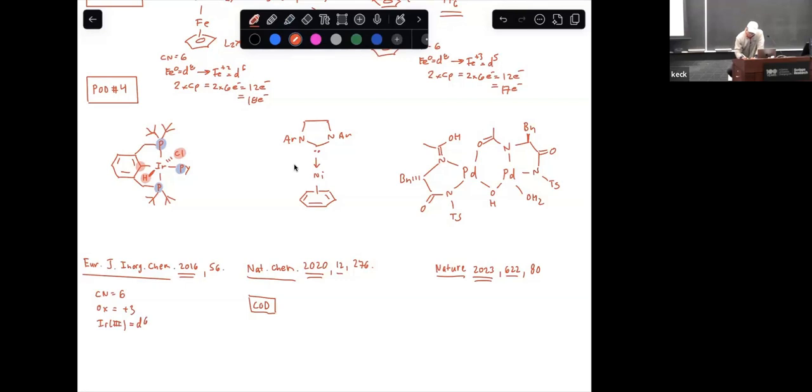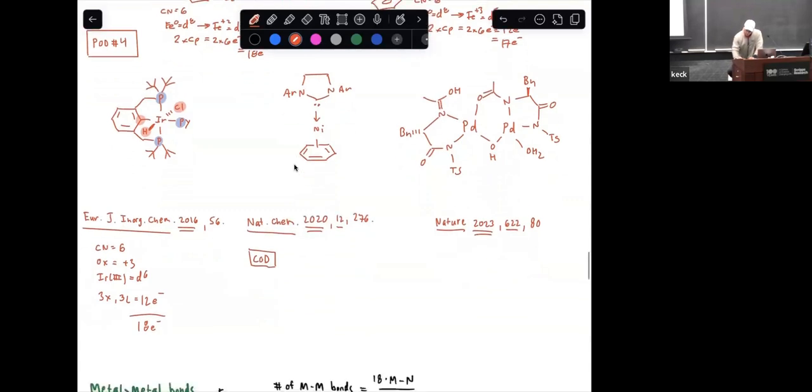You've got 3 X-type ligands, 3 L-type ligands. Each is bringing 2 electrons, or 12, for a grand total of how many? 18 electrons. Good. Anybody get anything different than that, or questions?